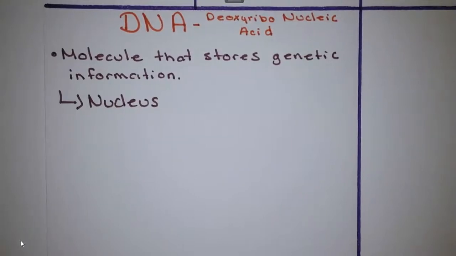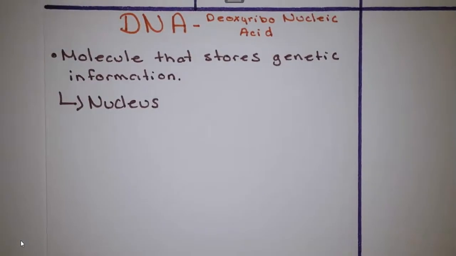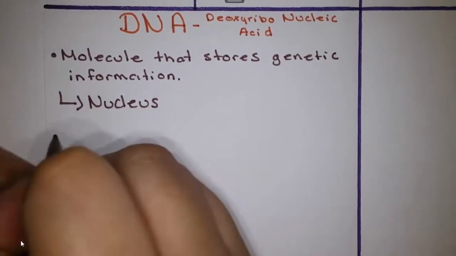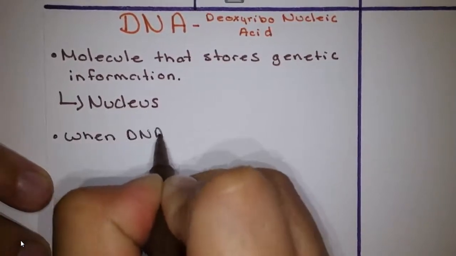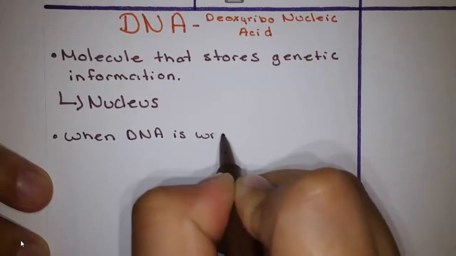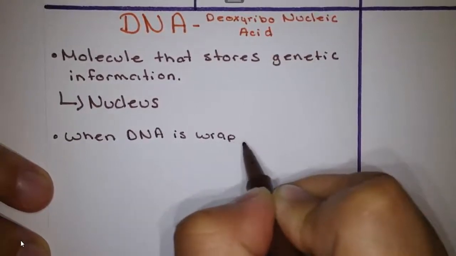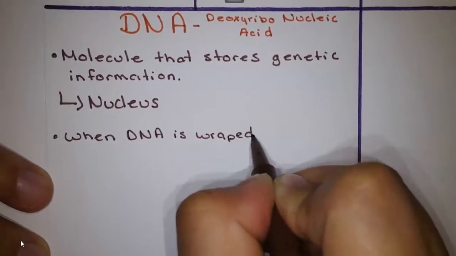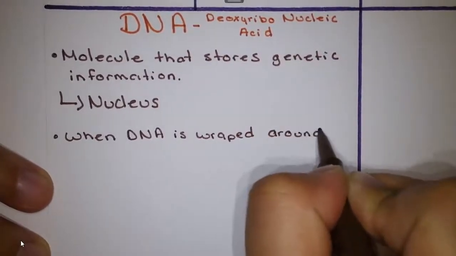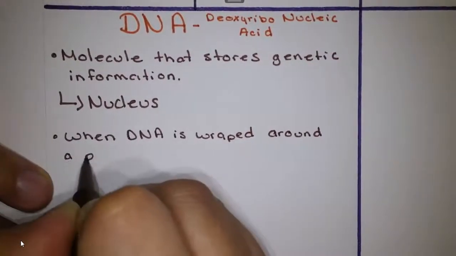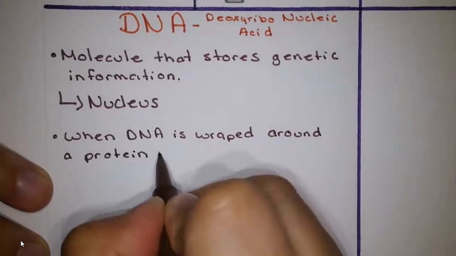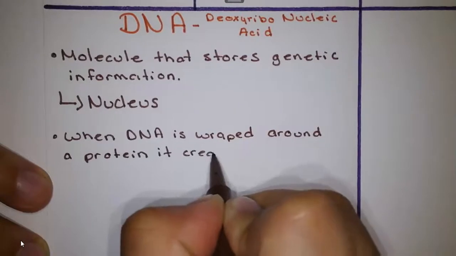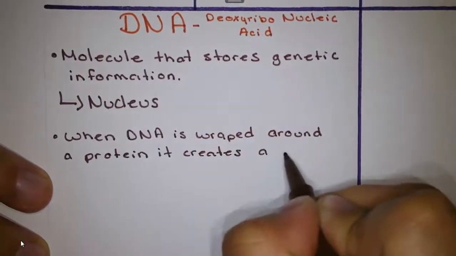When the DNA gets wrapped around a protein, it creates a chromosome. So, when DNA is wrapped around a protein, it creates a chromosome.